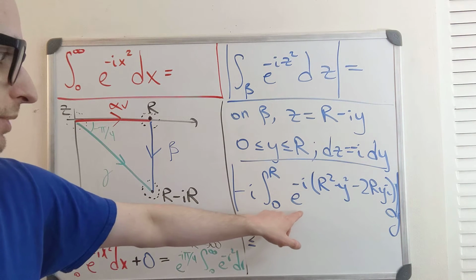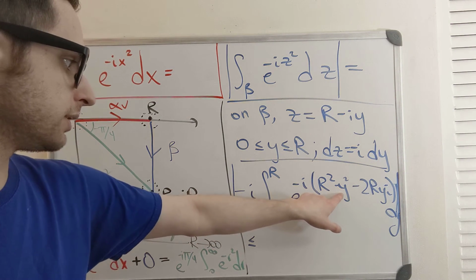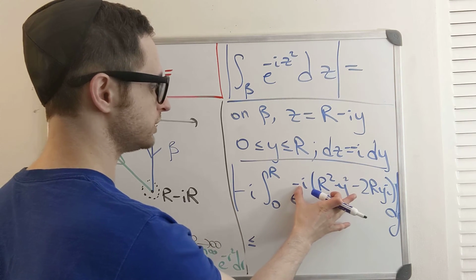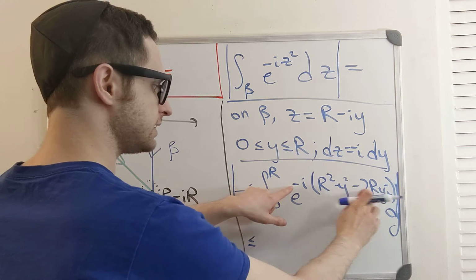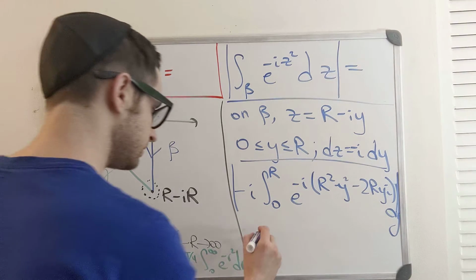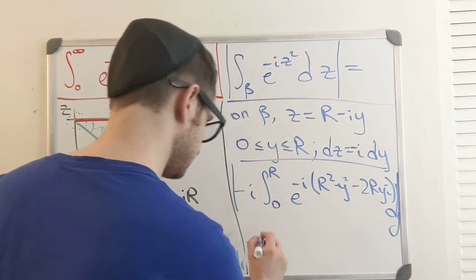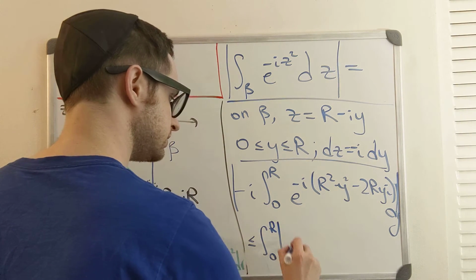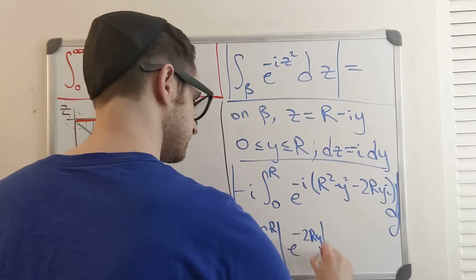Then we don't care about the purely imaginary part of the exponent here, because e to the minus i (r squared minus y squared), just this piece, is going to be of size 1. It's going to be on the unit circle as an exponential of something imaginary. But this minus i and this minus i are going to multiply to minus 1, and this will be no bigger than the integral from 0 to r of the absolute value of e to the minus 2ry dy.